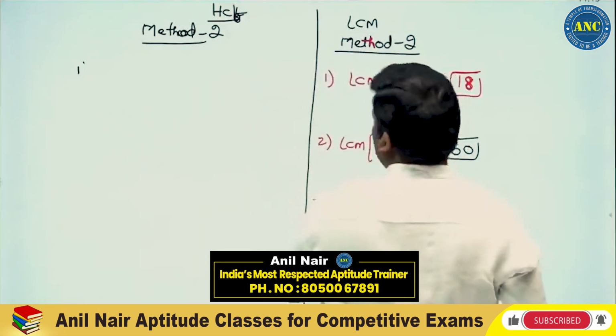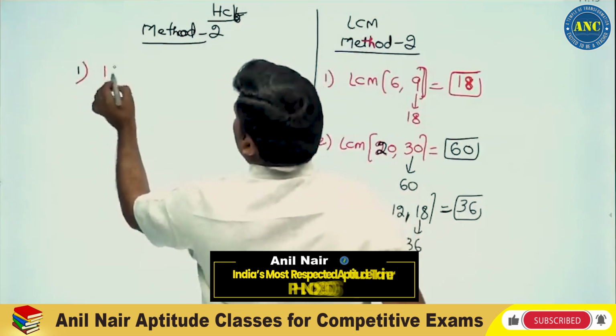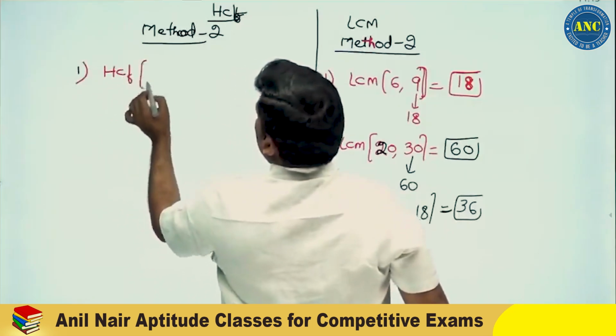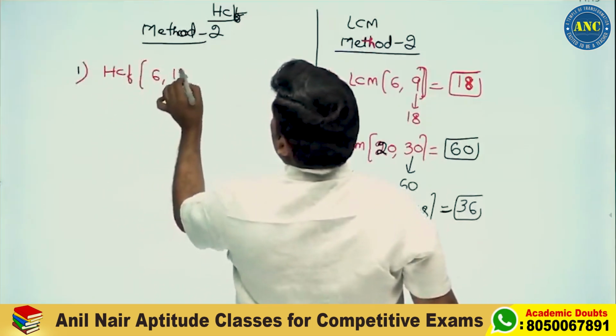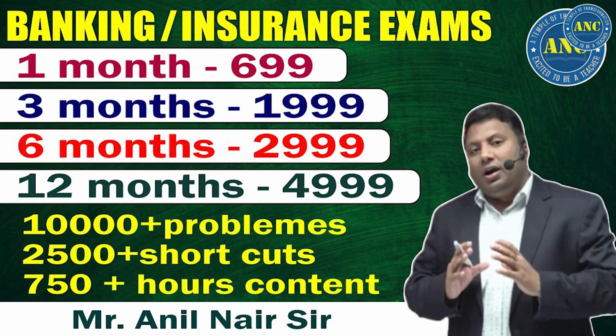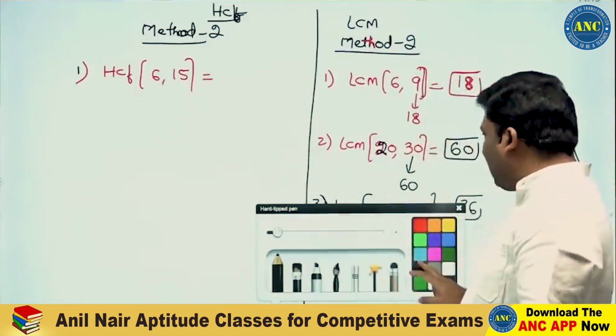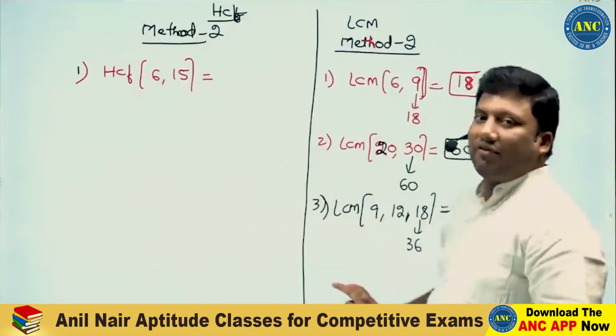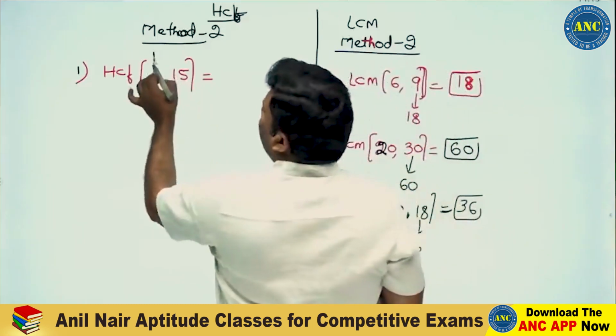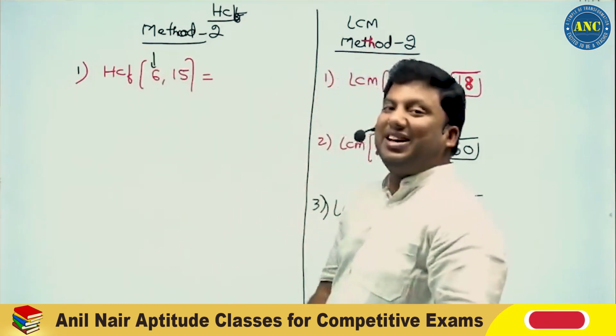HCF of, again, 3 examples. HCF of 6, 15. In LCM, if the largest number was not matching, I went into the multiples. Now it is HCF, so go to the smallest number. The smallest number is 6.